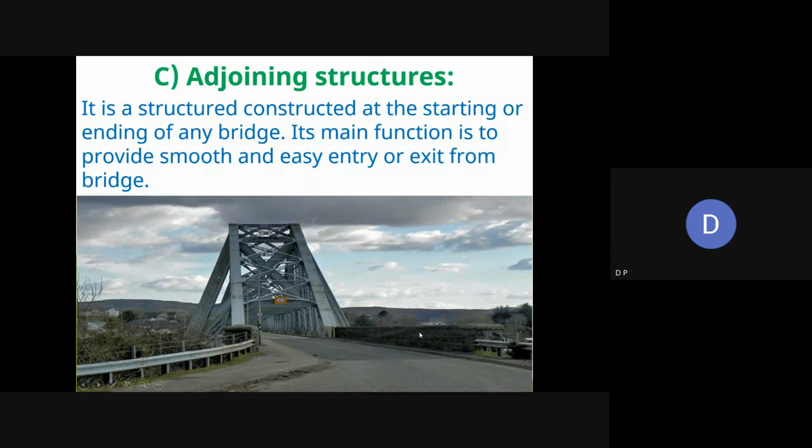Adjoining structures are structures constructed at the starting or ending of the bridge. The main function is to provide smooth and easy entry and exit from the bridge. Particularly, the bridge is over a river course or valley as a viaduct, but adjoining structures may be some roads connecting that particular bridge, or connections and other facilities.